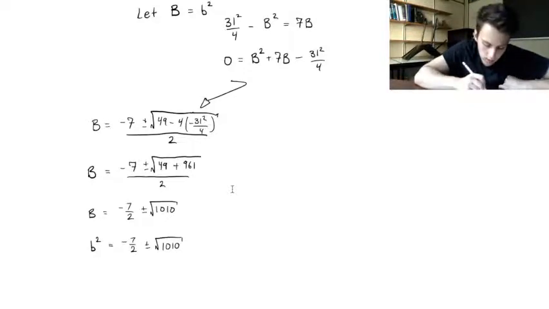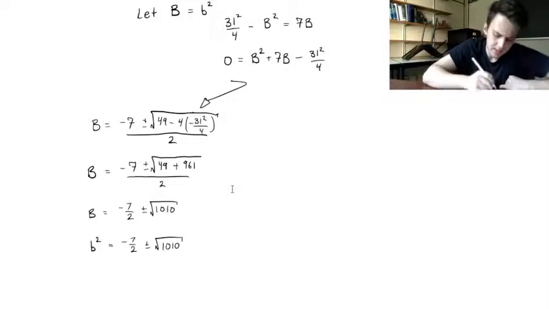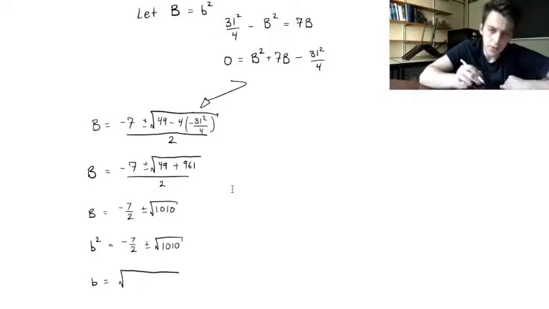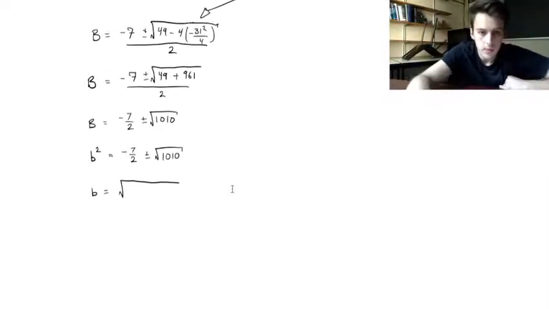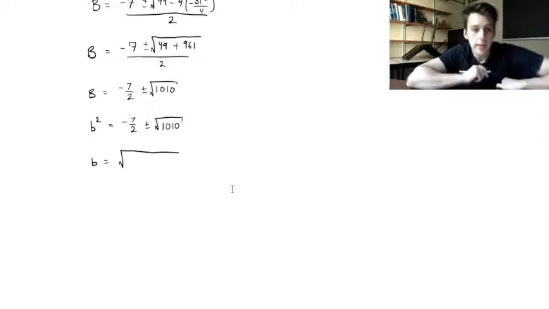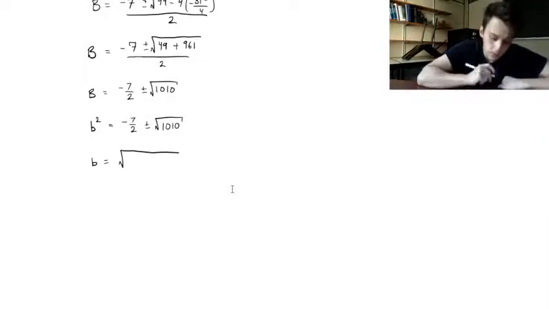What I want to point out is that we're still looking for b, and if we take the square root of two different solutions here, I want you to think about whether they would be real or complex. So once you've thought about that, let's take a look at what's going to happen.